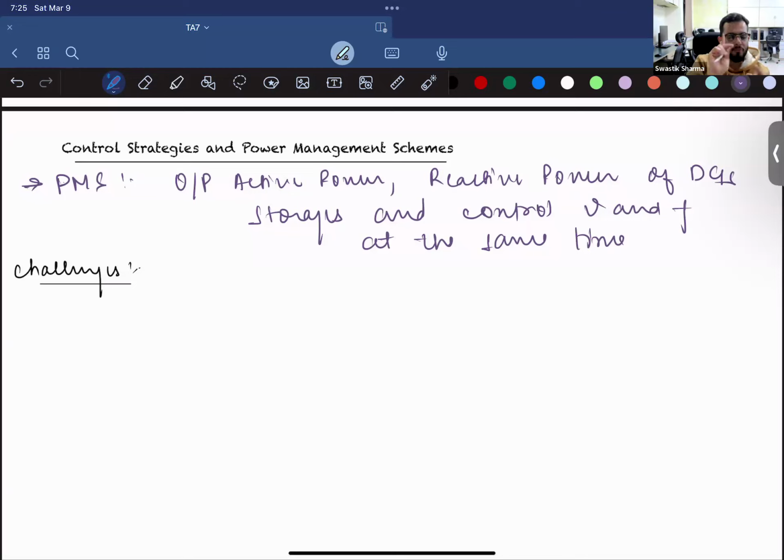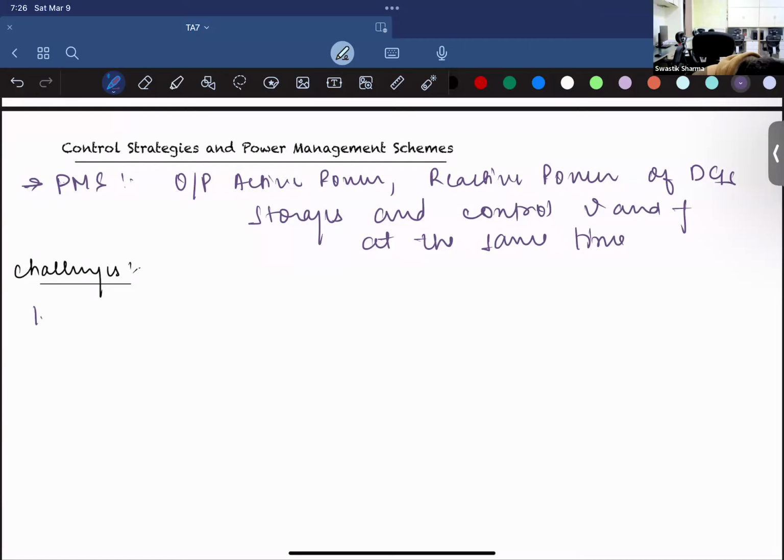Can you have one global variable? So in an AC microgrid, we developed a way where your power can be used to affect a change in frequency. But in DC microgrid, that power will affect a change in your voltage. So we don't have a global variable in the hybrid microgrid.